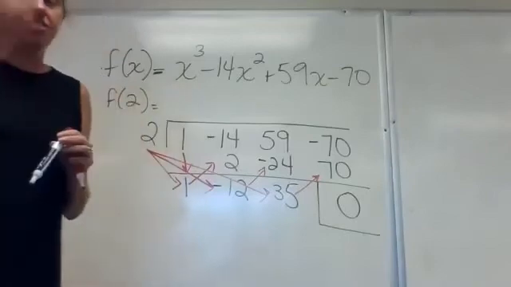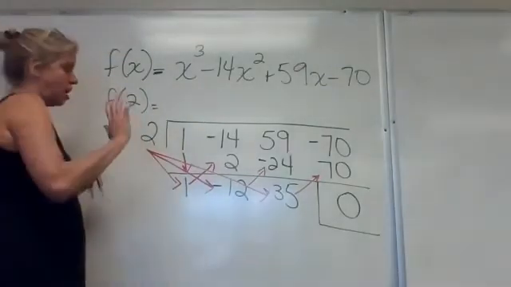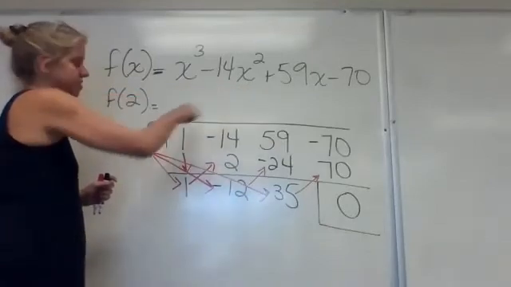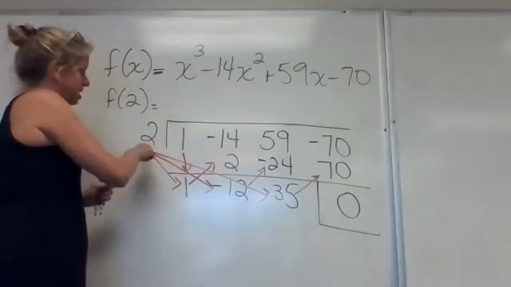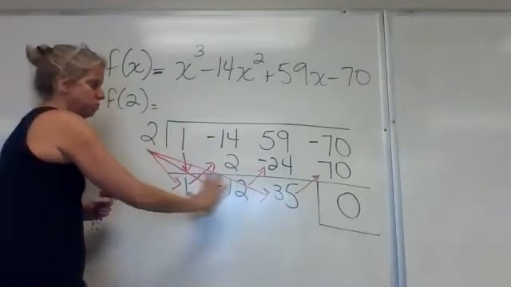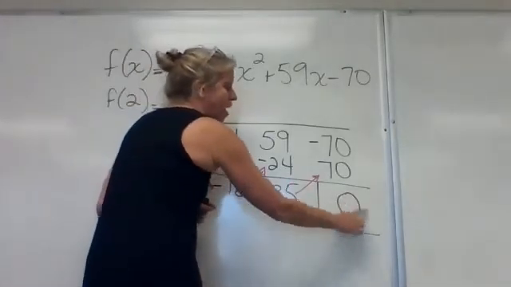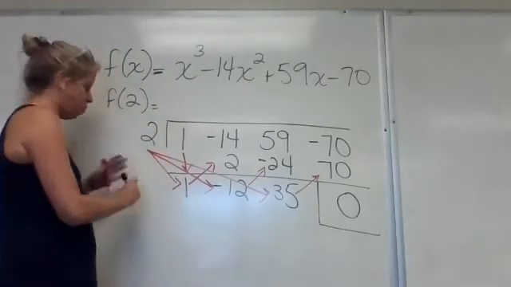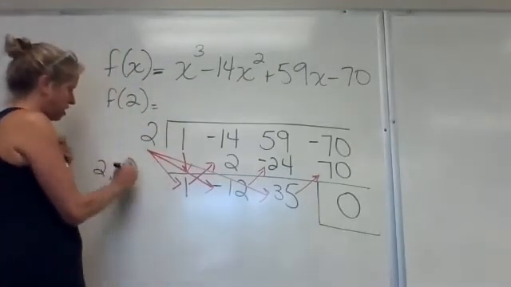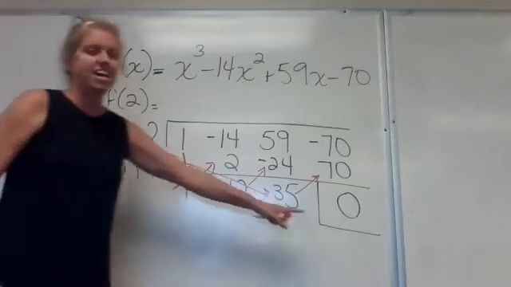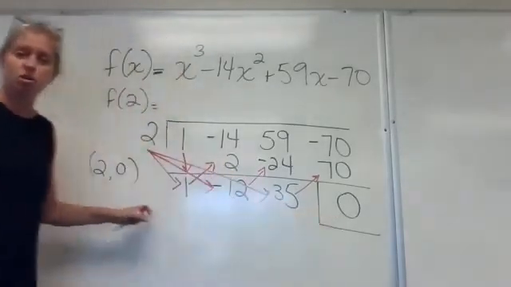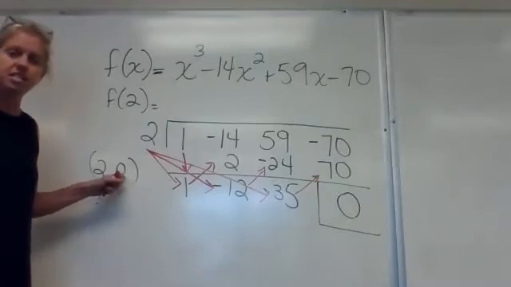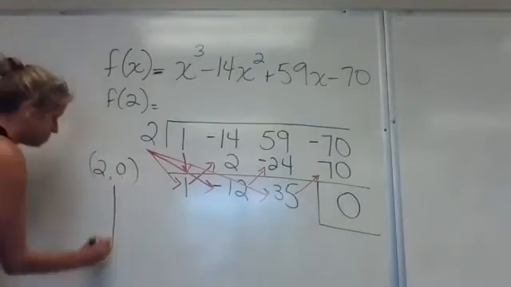Okay? Another way to think about it is, this is a point on this function. If I graphed it, this would be in my table. The x being 2, when you do the synthetic division, this is the y that goes with this x. So there is a point, in other words, at (2, 0), which is why this is an x-intercept, correct? Because if the y coordinate of your point is a 0, what does that mean?